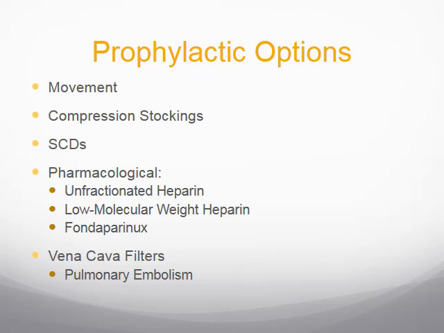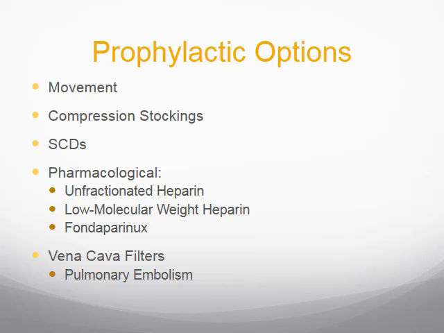The next 3 things we're going to go over throughout the remainder of this lecture. SCDs, or sequential compression devices, are our mechanical prophylactic options. Our pharmacological options include unfractionated heparin and low molecular weight heparin.